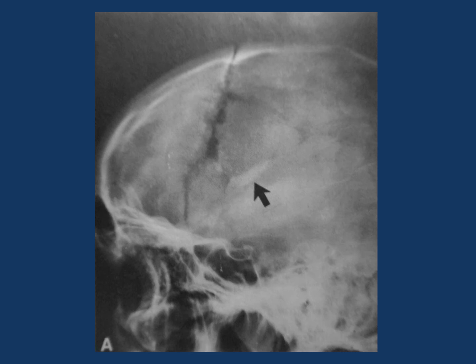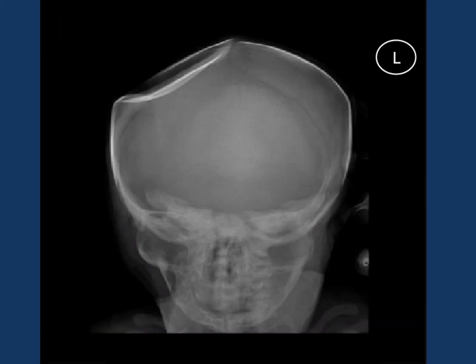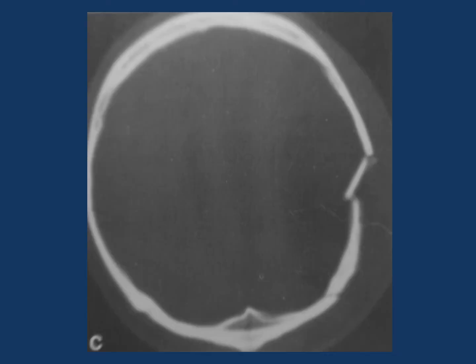So, impacted fractures will produce a radiodensity rather than a lucency. Again, here we see the depressed fractures of the skull. Another one here. Okay, this is a child, and you see here the depressed fracture.